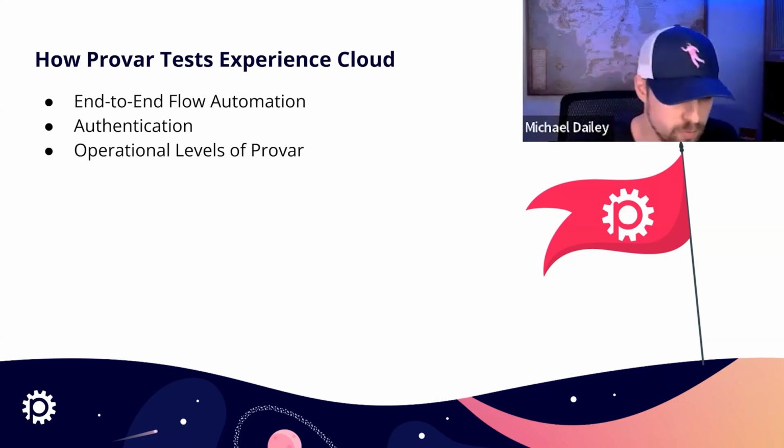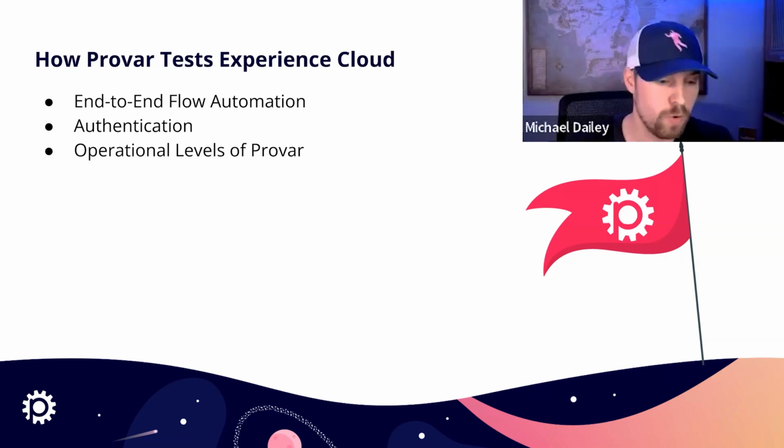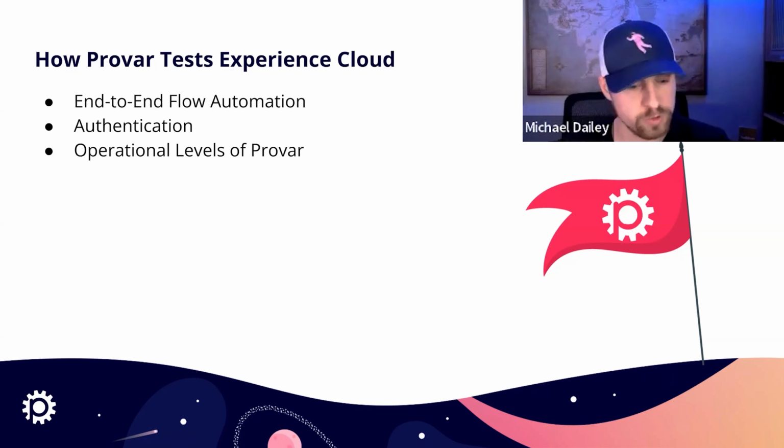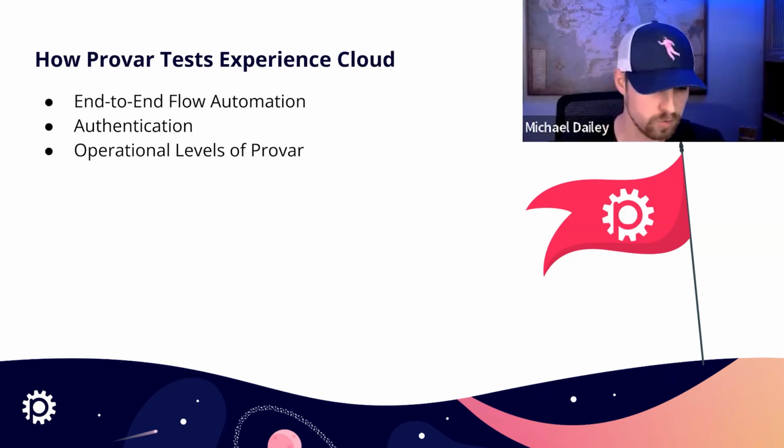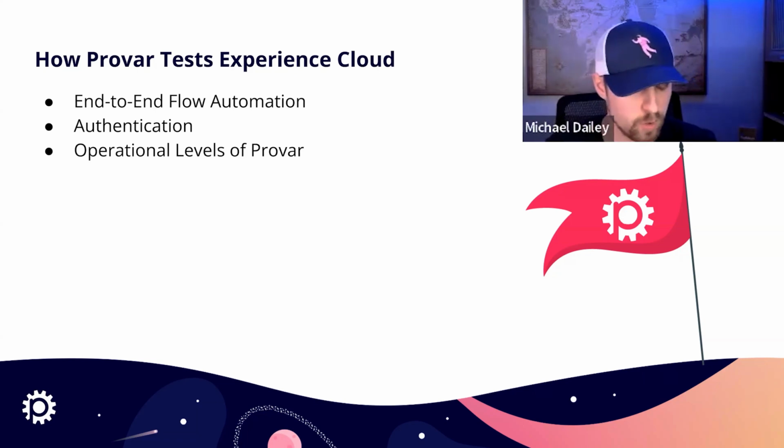Now, I talked a little bit about this one, but when I say operational levels of Provar, this is more of a high-level topic, but Provar supports all different user sets. So the no-code users who just want to go in and do more web-based automation, more drag and drop, we support that through point and click of our test builder and metadata-based support for Experience Cloud and Salesforce. Then you're moving up the chain to low-code users who may want to utilize our proprietary framework for testing Experience Cloud sites and external websites through our own way of handling that.